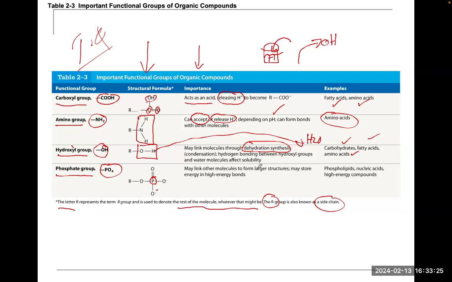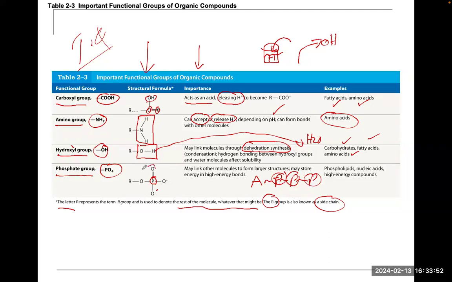It may link other molecules to form larger structures, but it's also involved in adenosine triphosphate, ATP, right? Adenosine monophosphate, adenosine diphosphate, there's 2. If we phosphorylate it again and add another phosphate to it, adenosine triphosphate.